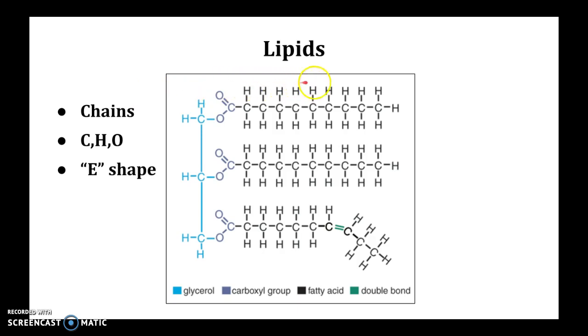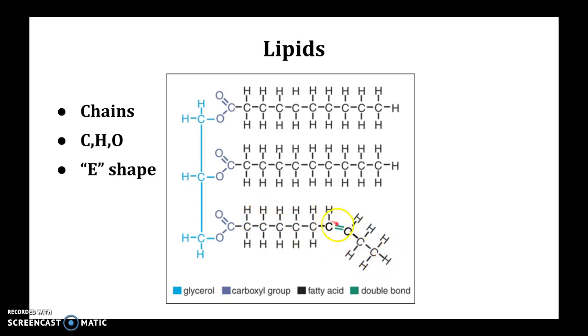Let's take a look at this image of a fatty acid macromolecule. What's the first thing you notice? We're talking about chains. Look at the chain of carbon atoms here. There's another chain of carbon here and another chain here.